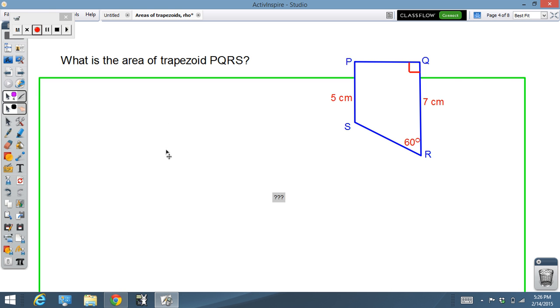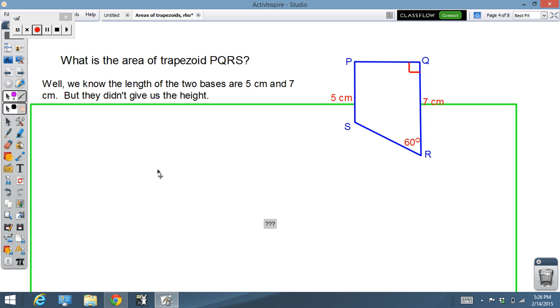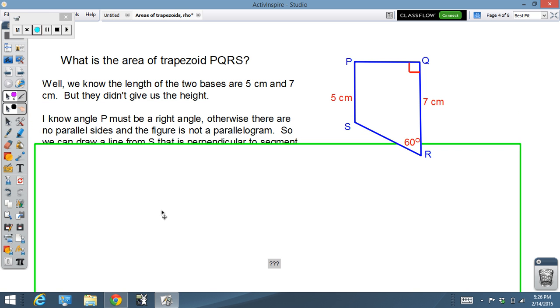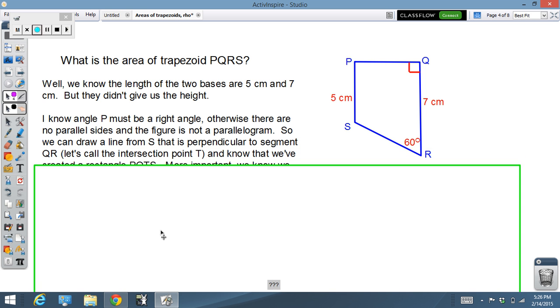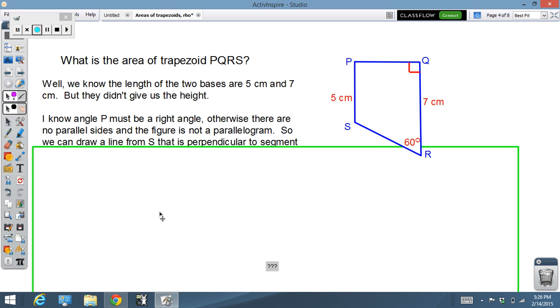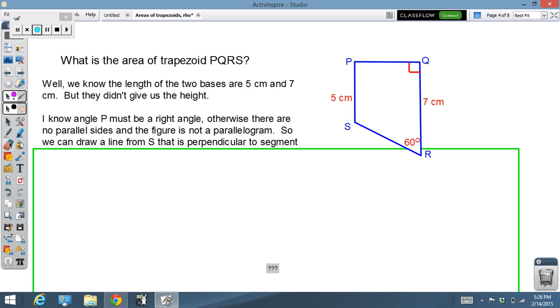So anyway, they gave us bases of 5 and 7, but they didn't give us a height. P must be a right angle, otherwise we got no parallel sides, and it's not a trapezoid. Should read trapezoid right here, guys. Anyway, we can then draw a line from S that's perpendicular to this segment. You know what?